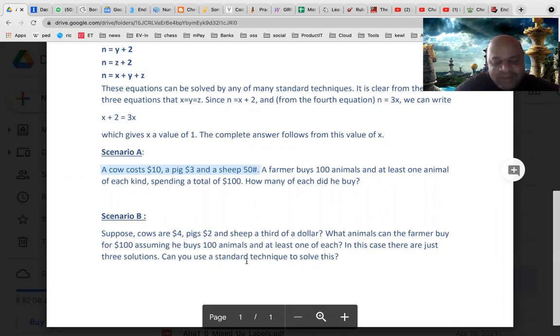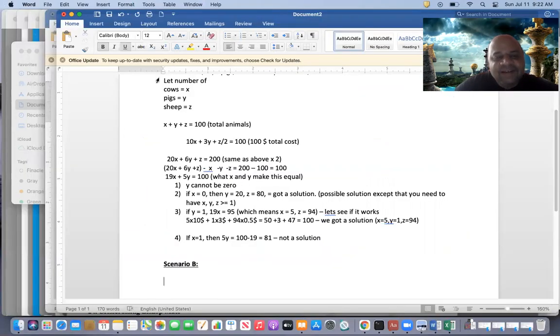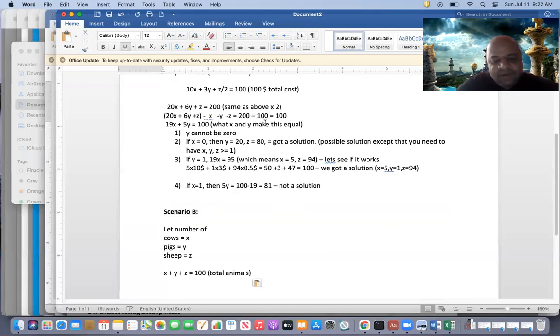Scenario B is very similar. Everything is the same except that the price is different. Let the number of cows, pigs and sheep be x, y, z, and x plus y plus z is equal to 100.